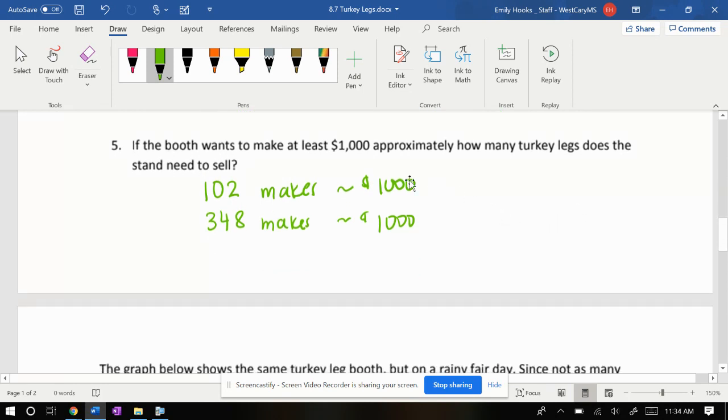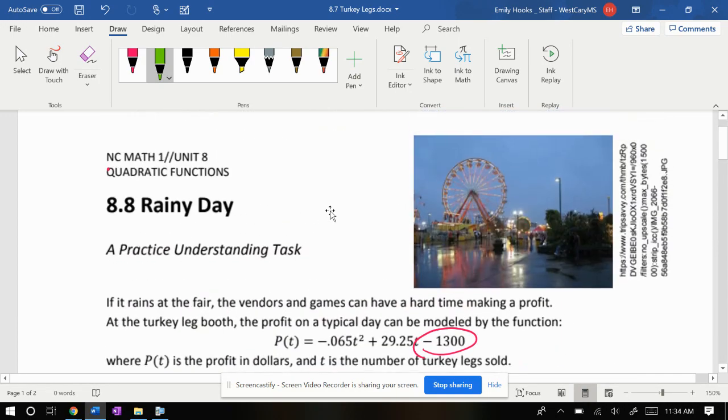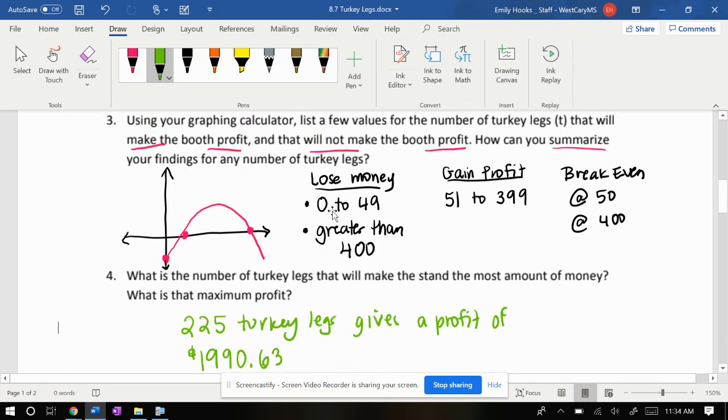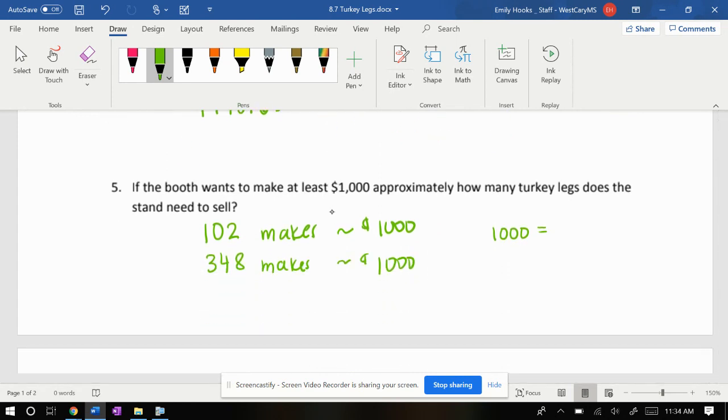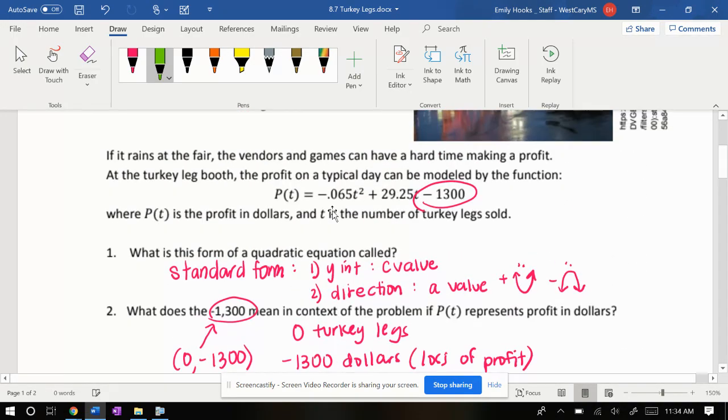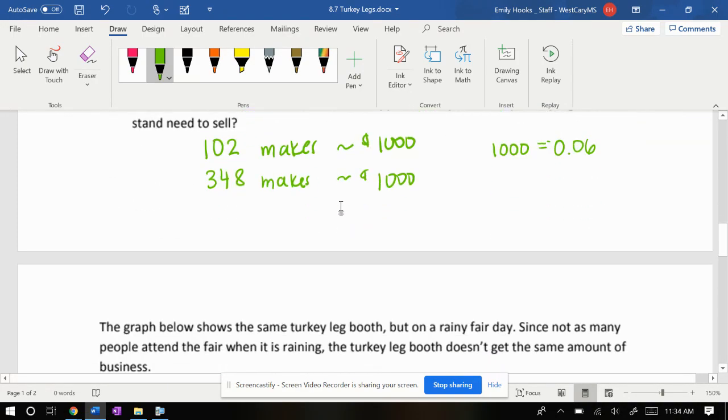Next year in Math 2, you'll actually figure out how to solve this. So you would plug in 1,000 and set it equal. Actually, I mean, we could do it by hand if we wanted, but you would use the quadratic formula. So you would do 1,000 equals, what was it? Negative 0.65 squared.